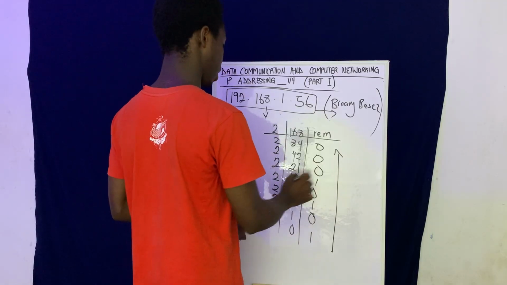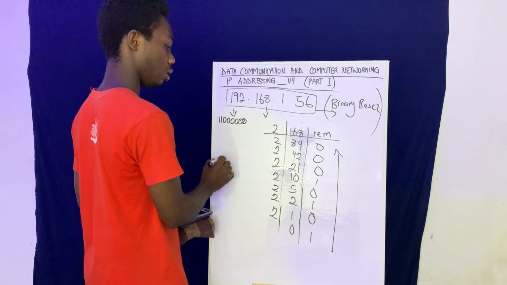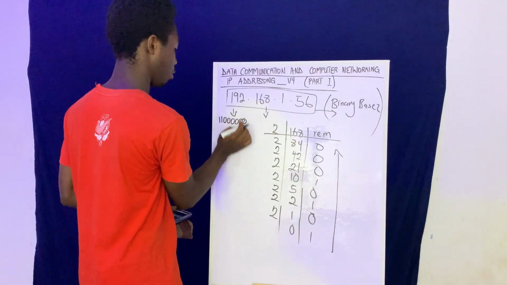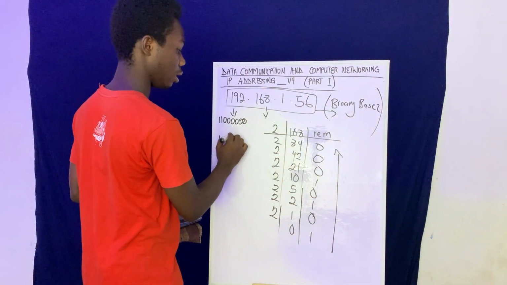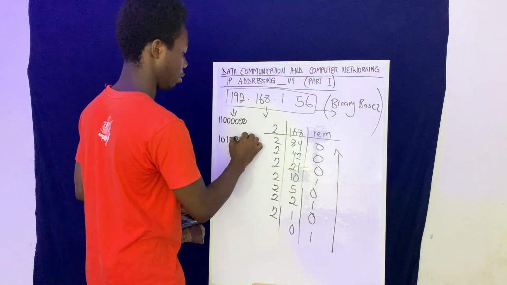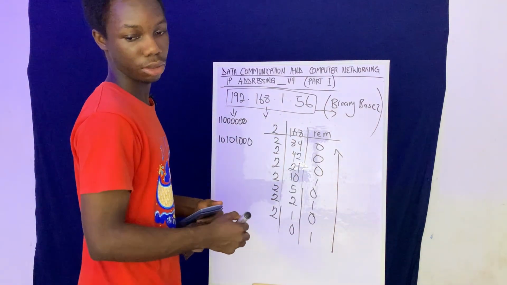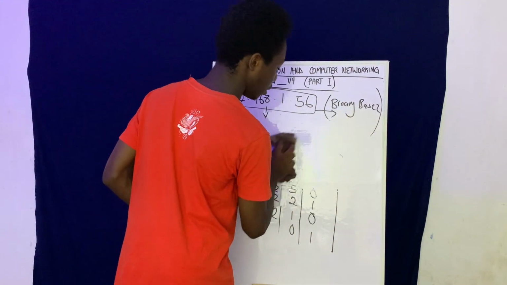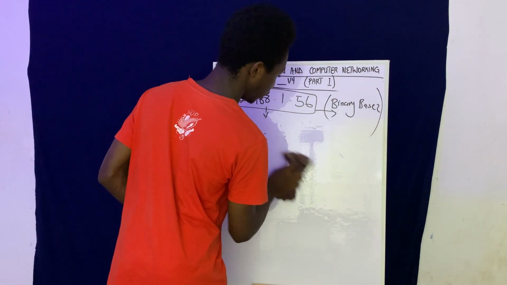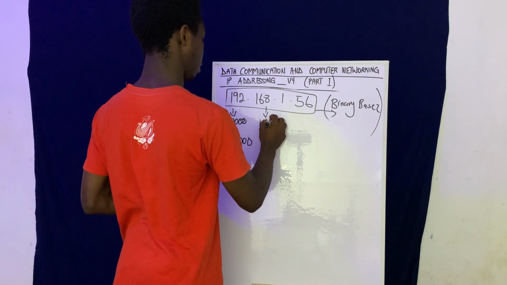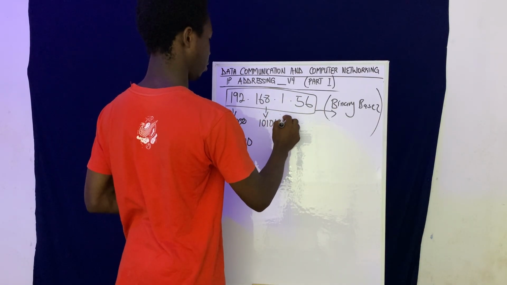So you are going to get 1, 0, 1, 0, 1, 0, 0, 0. So this is what we got. So for 168, we have 1, 0, 1, 0, 1, 0, 0, 0.